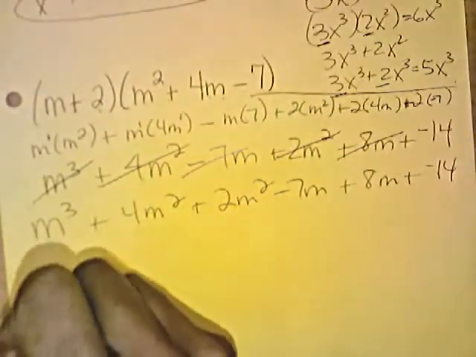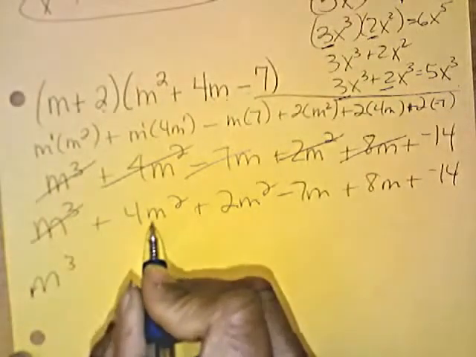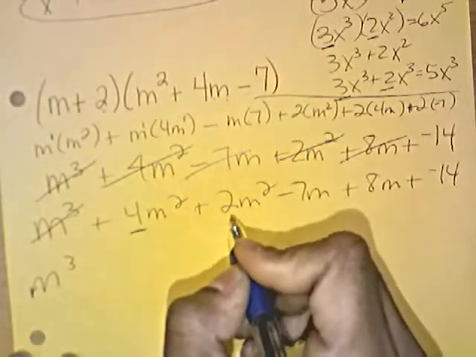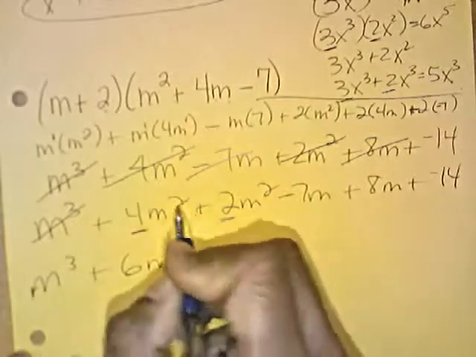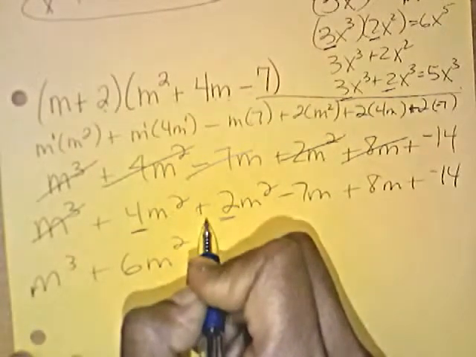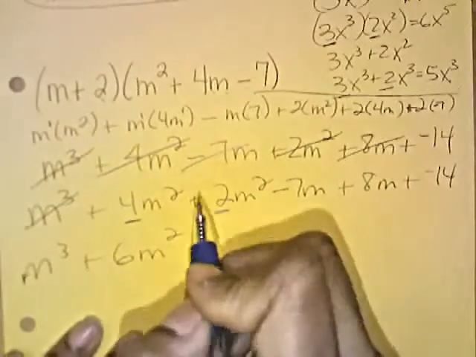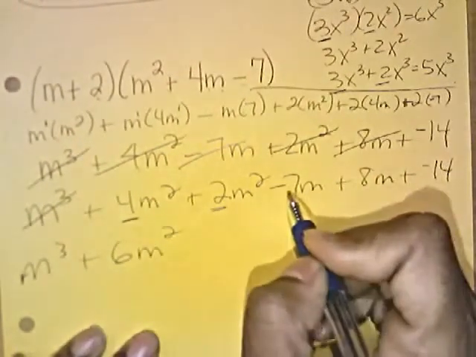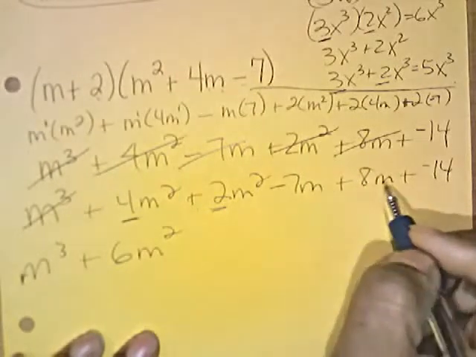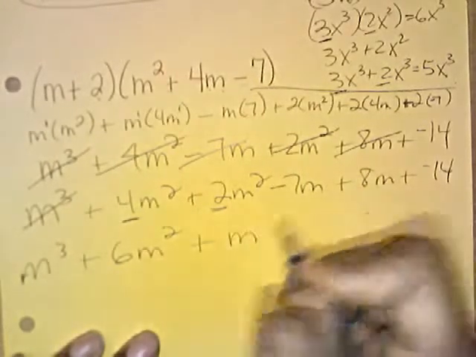There's no more m to the 3rd. 4m squared plus 2m squared is 6m squared. Leave the exponents because I'm adding, not multiplying, so they stay the same. Minus 7m plus 8m equals a positive m.